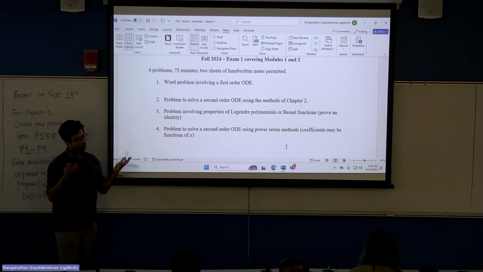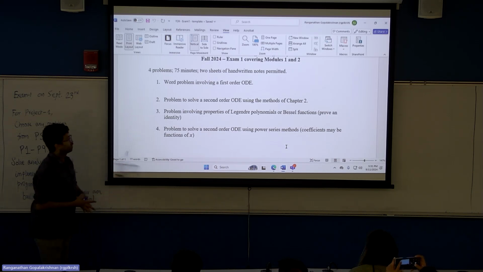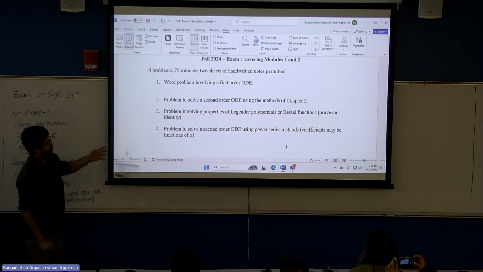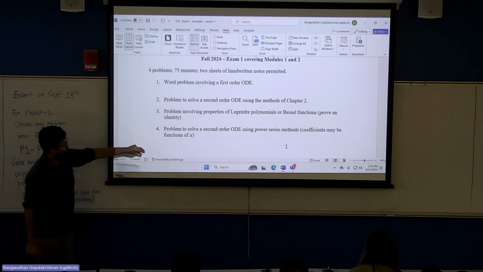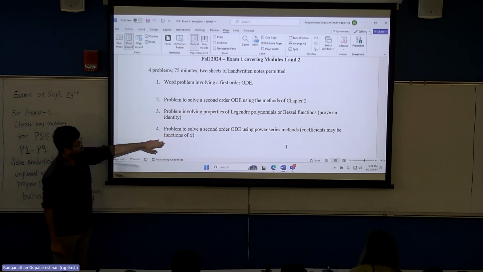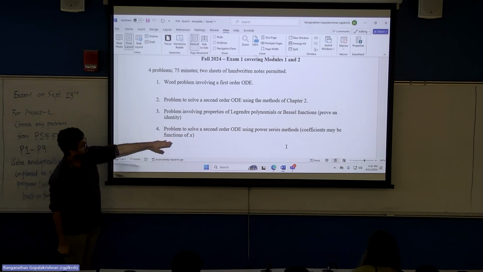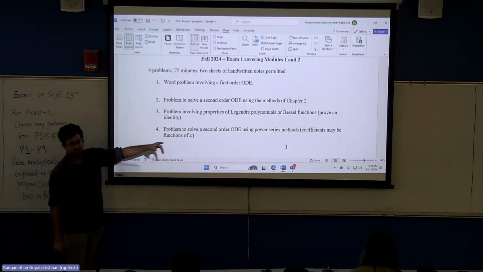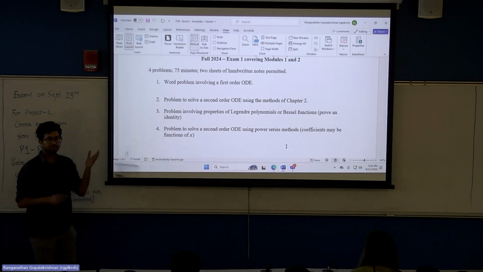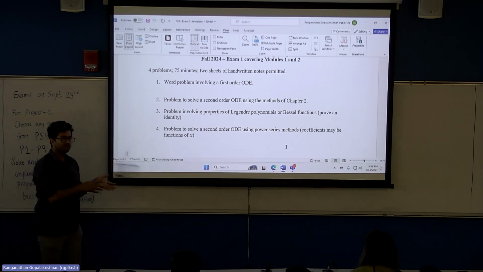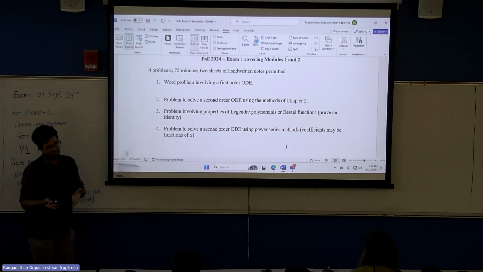So you should prepare for both. You'll be asked one of those, but you don't know which one. It could be a Legendre polynomial or Bessel function. And then one problem to solve a second order ODE using power series methods. The coefficients may be functions of x, for which you will use either the methods in section 5.1 or section 5.3.